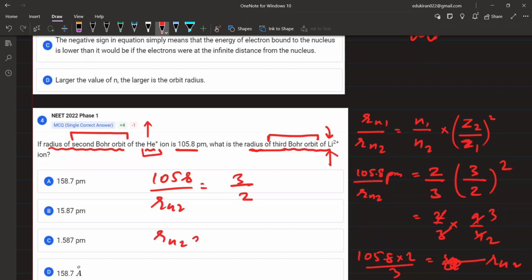So Rn2 will be equal to 105.8 into 2 divided by 3.